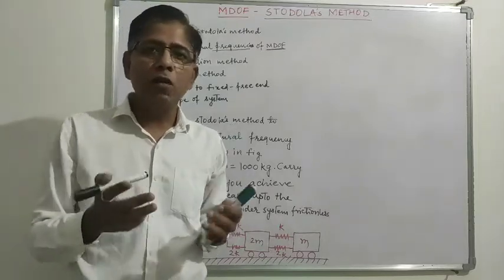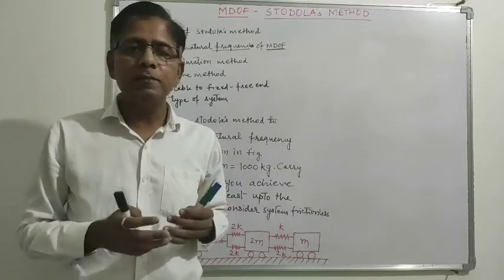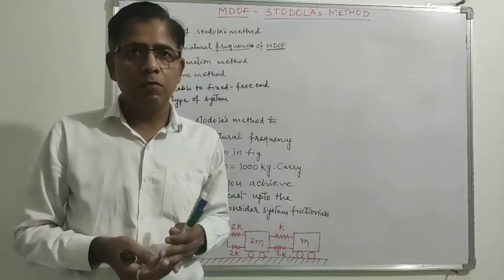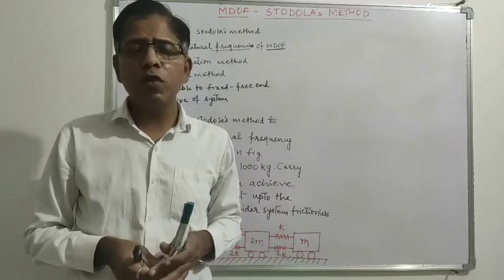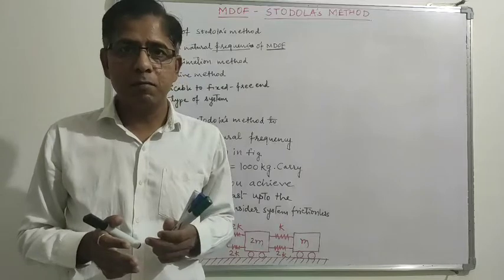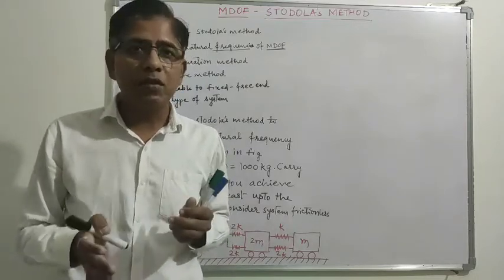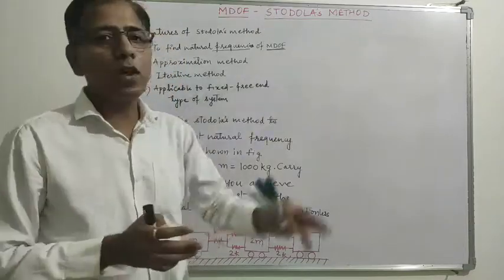when we need to find out the natural frequencies of such a complex system, then it is very cumbersome. There are many techniques which are used to find out the natural frequency of a multi-degree of freedom system, and one of the various methods of finding the natural frequency is Stodola's method.